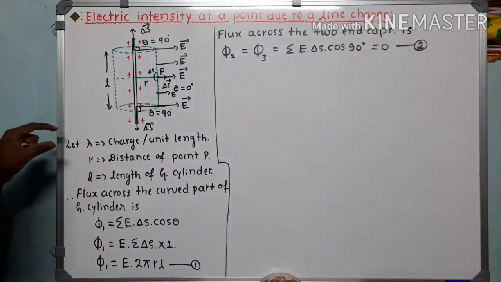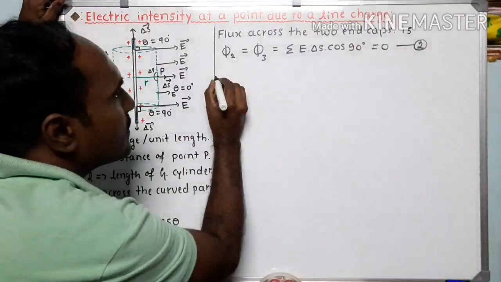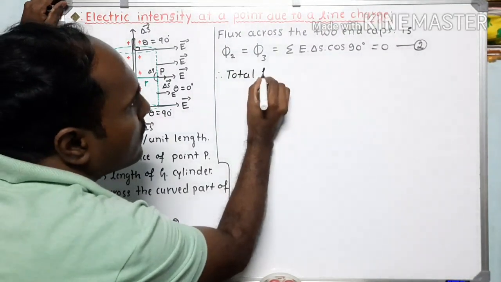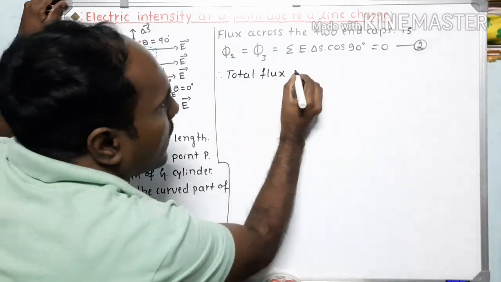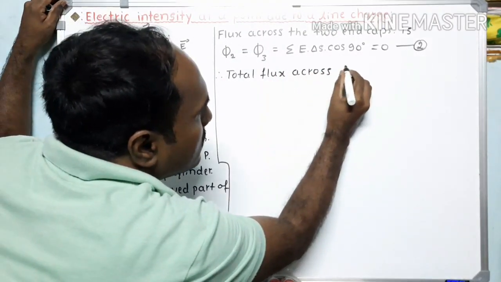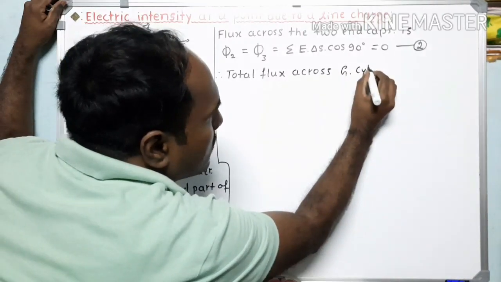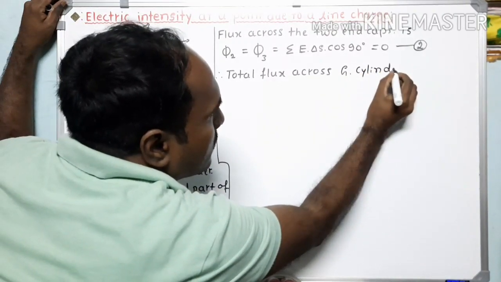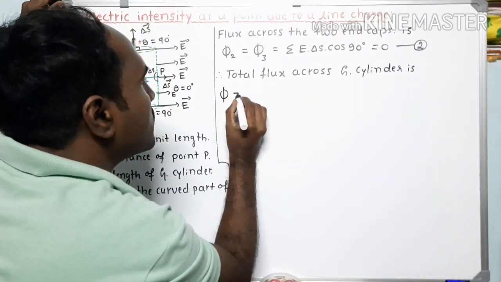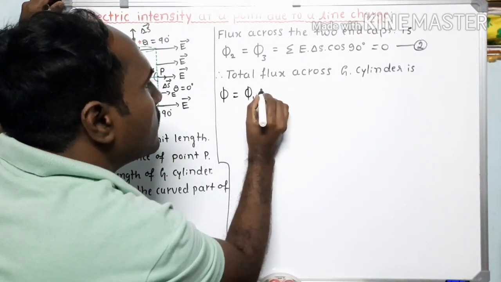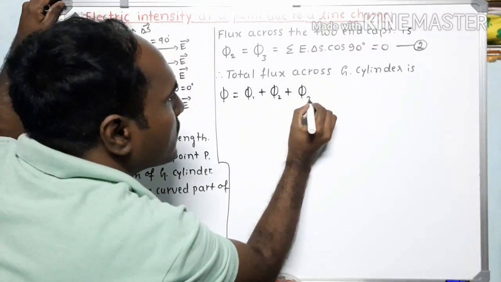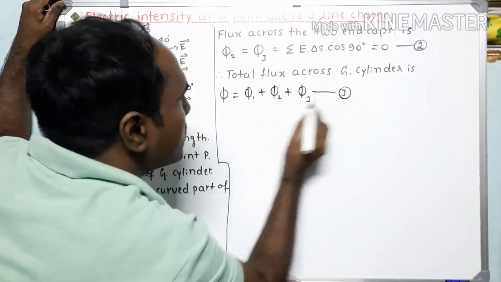Therefore, total flux across the Gaussian cylinder is phi is equal to phi1 plus phi2 plus phi3, call it equation 3.